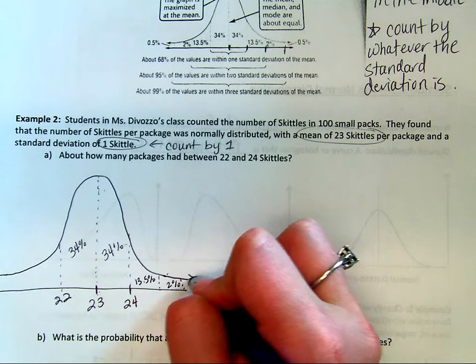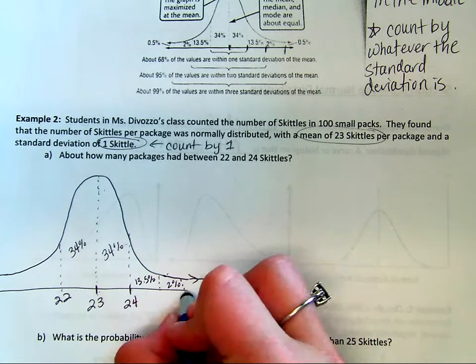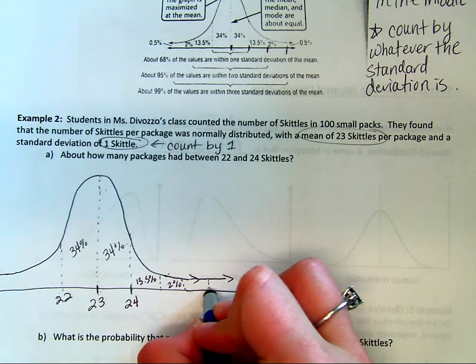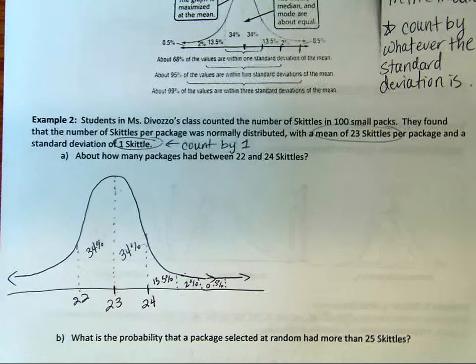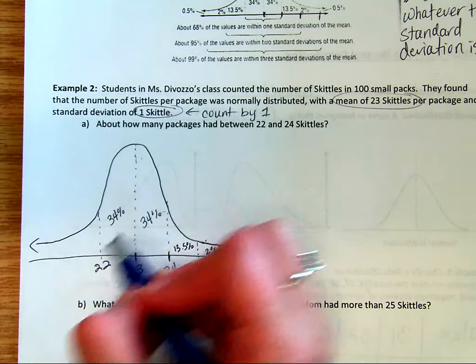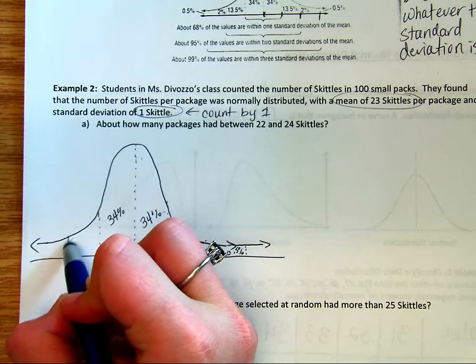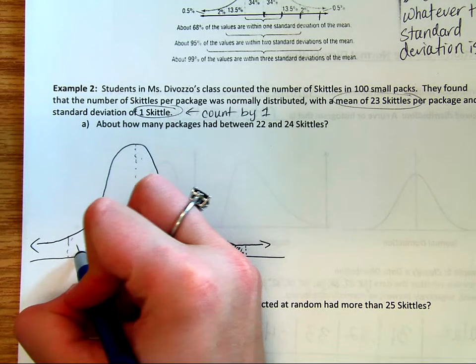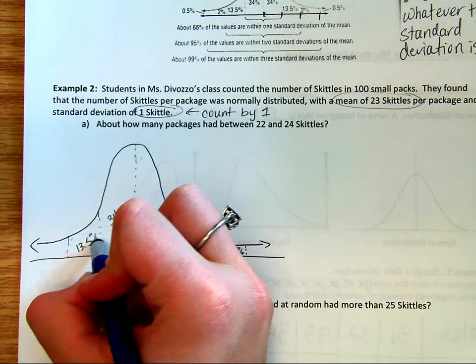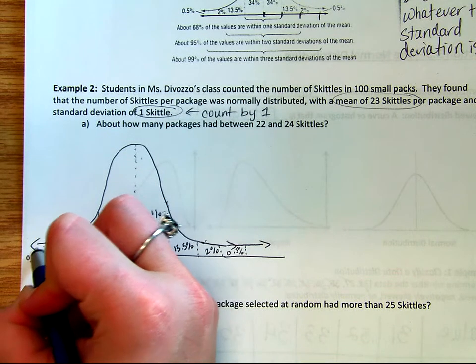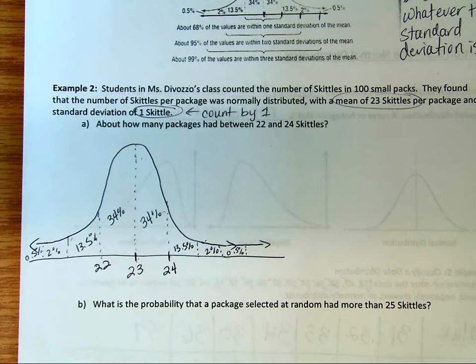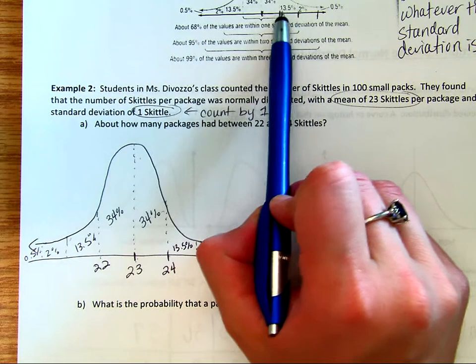And if I were to have kept this going, this is going to be 0.5%. So label your bell exactly like you see it in the diagram above. So this is 13.5, this is 2%, and then over here is 0.5%. So all I did was label my percentages.